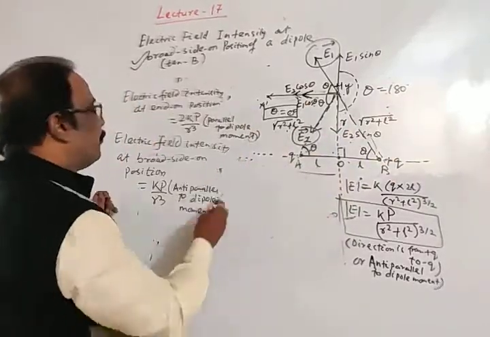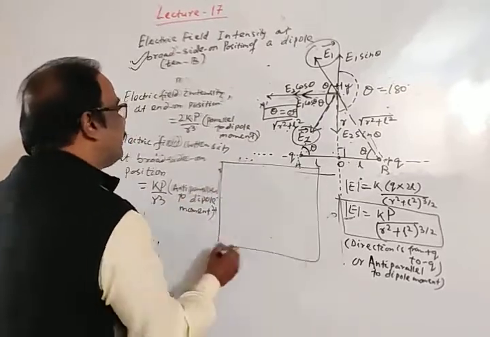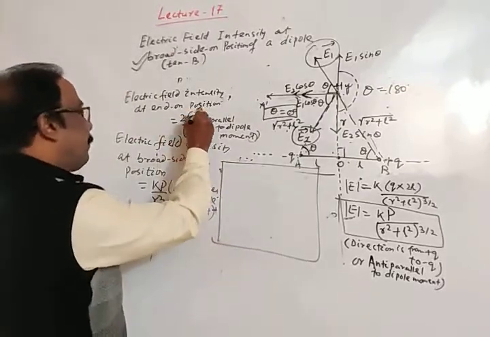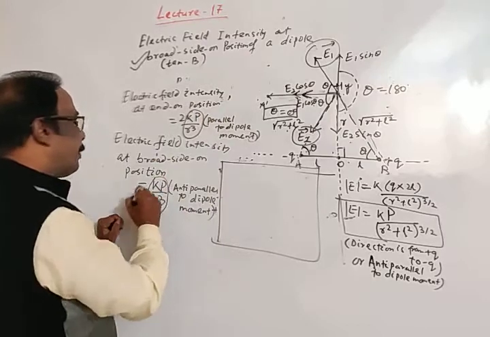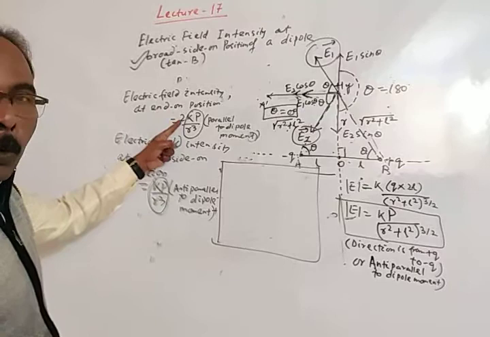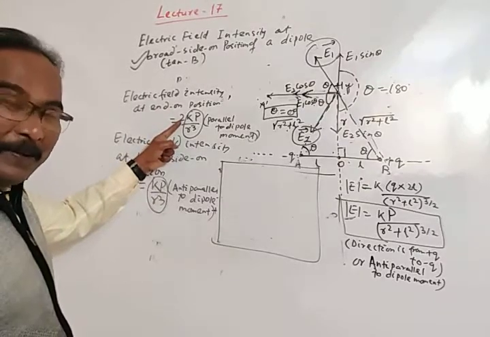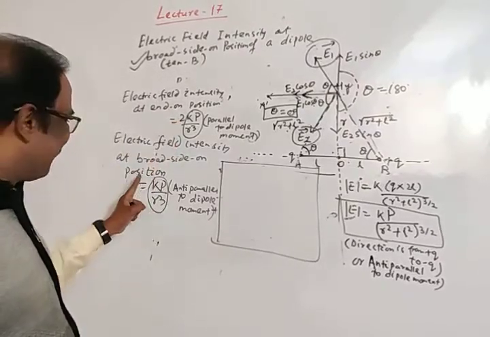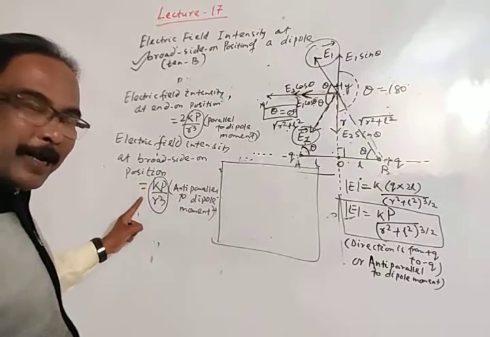So by comparing these two, here 2 into Kp by R cube, but here Kp by R cube. Thus the electric field intensity at end-on position is twice, means 2 times, as compared to the electric field intensity at broadside-on position.